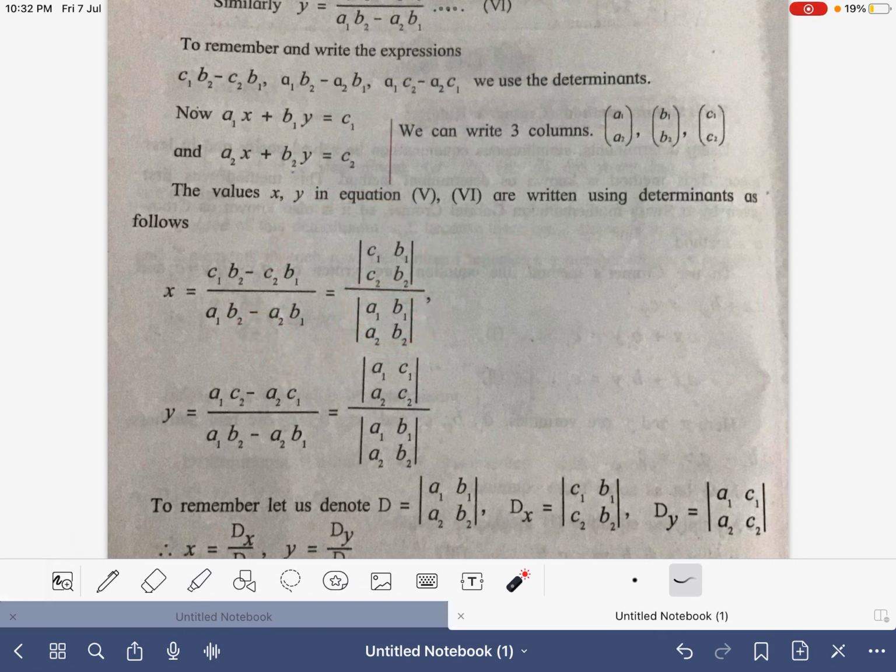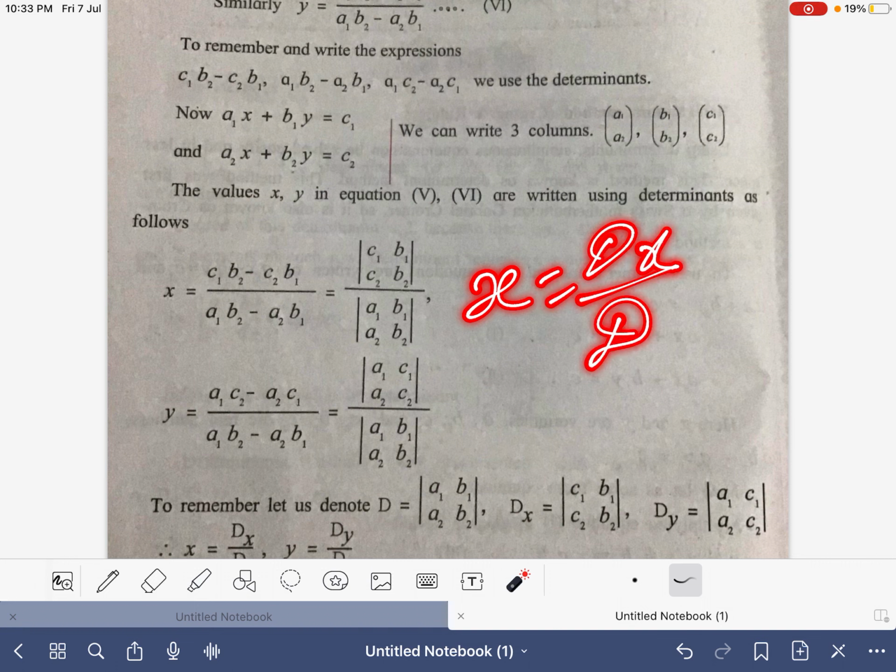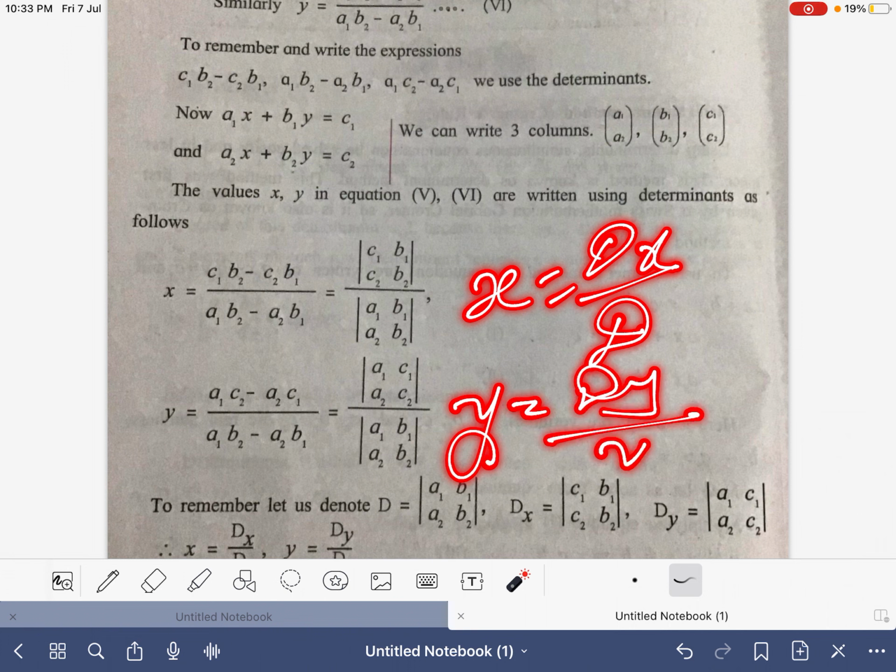Clear? The numerator is nothing but the determinant of x, and the denominator we call D. So the formula for x is equal to Dx upon D, and for y it is Dy upon D. Okay, so what is the meaning of Dx, Dy, and what is the value for D?